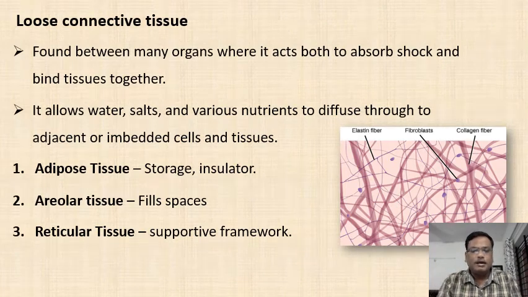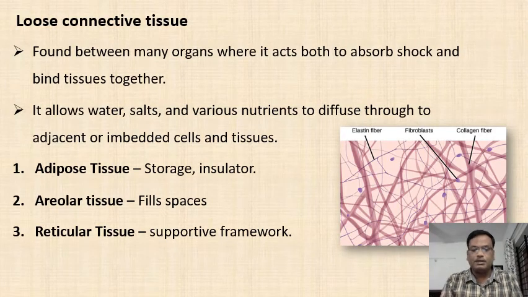Now let us try to understand what a loose connective tissue is. Loose connective tissue is a type of connective tissue proper. It is mainly found between many organs where it acts both to absorb shock and bind tissues together. Just think of any organ in the body. Organs are mainly made up of different kinds of tissues.